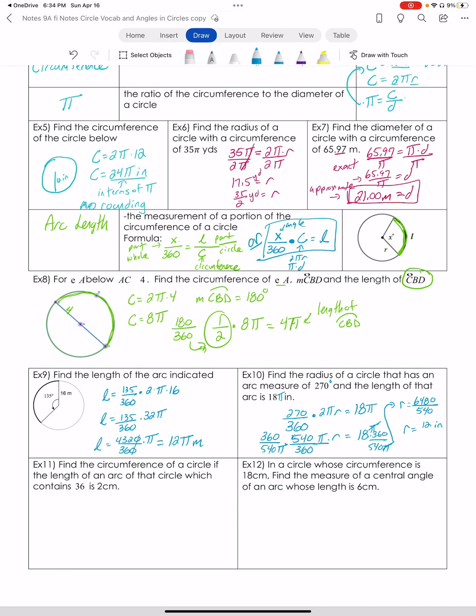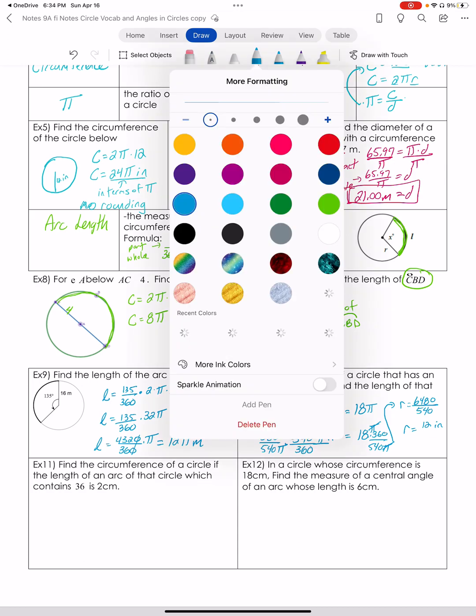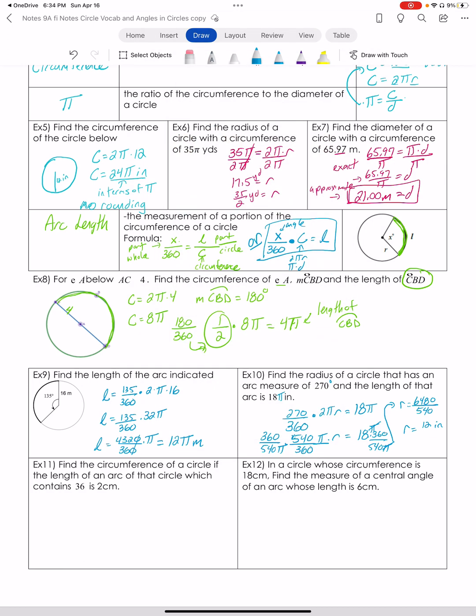Next thing, find the circumference of a circle. If the length of an arc in a circle that contains 36 degrees is 2 centimeters. So I know my angle is 36 over 360. I don't know what my circumference is, and I'm finding the whole thing. But I do know that the length of the arc is 2 centimeters. Now this one does not have pi in it. This one's a little bit tricky.